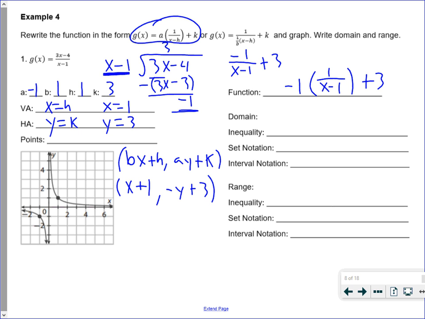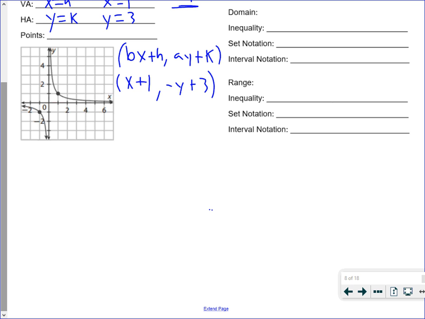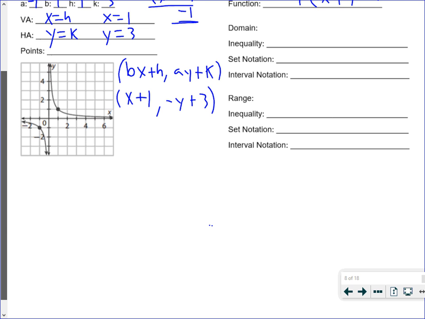And we're going to plug in our two reference points that we always use, -1, -1 and 1, 1, into the transformation rule and get our two new points that we can graph. So we plug in -1 for x, we get -1 plus 1, which is 0.